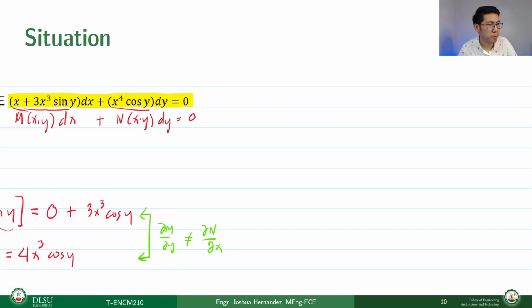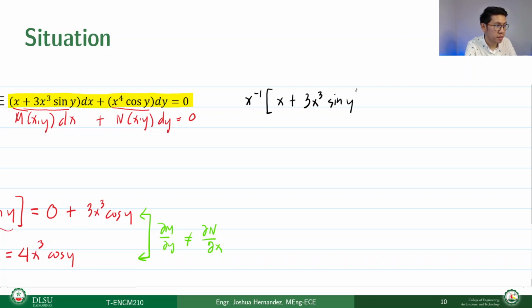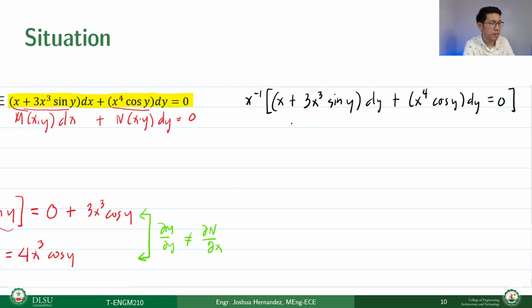What if, just out of curiosity, we multiply x raised to negative 1 to (x plus 3x cubed sine y) dx plus x raised to 4 cosine y dy equals 0, multiplying to the whole equation?